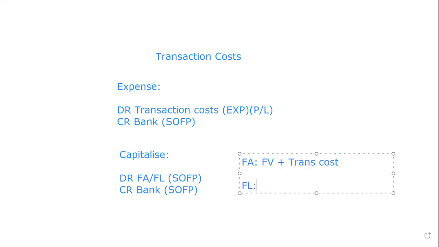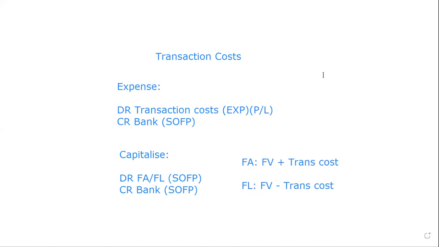With a financial liability, what's going to happen if we're debiting a financial liability? Are we going to add or subtract? Very good. Very, very good. So we are going to be subtracting the transaction costs, and that is capitalizing it to a liability.